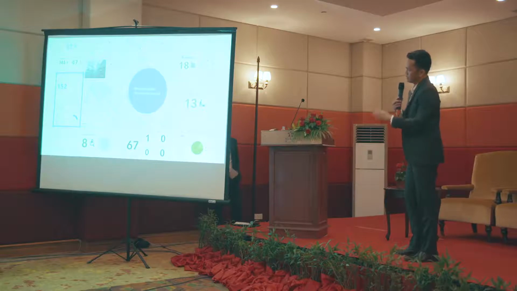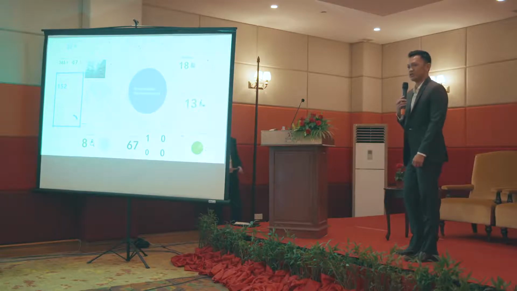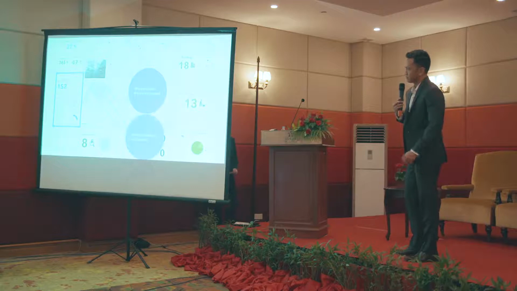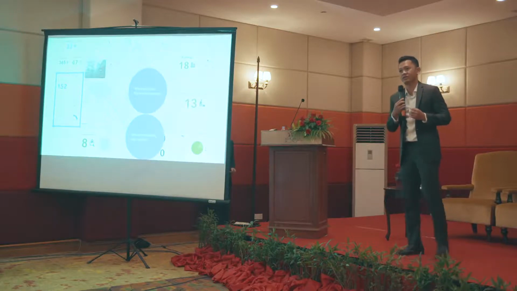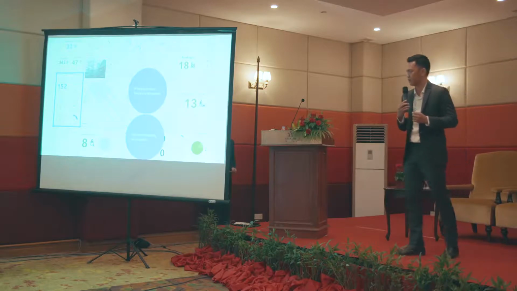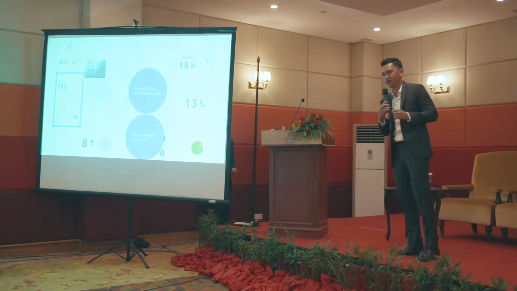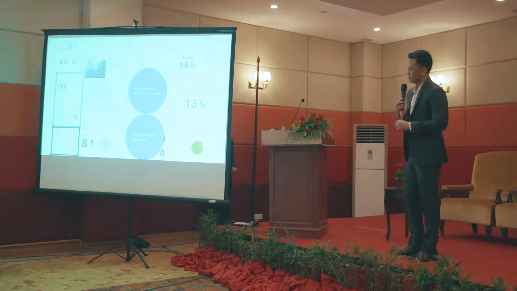As you can see, there are 152 waste locations, of which 32 are construction waste and 46 are household waste. And we not only generate waste location and type, we also tell people the volume at each location, from low to high volume.